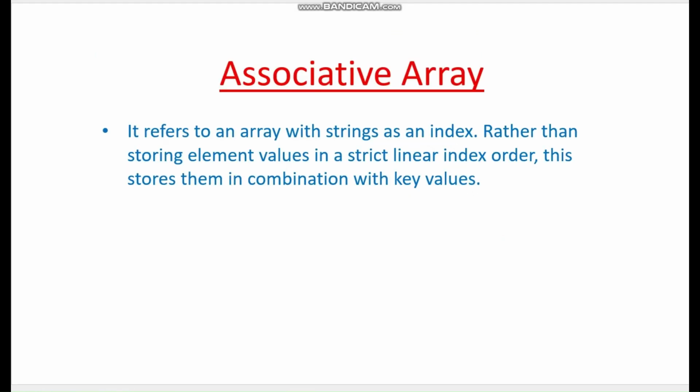Now associative array. In an indexed array, I told you that we also call it a numerical array. Why? Because the indexes are defined as numbers, but in an associative array we define the indexes as strings. Suppose the example we had in the indexed array: mango, orange and apple.